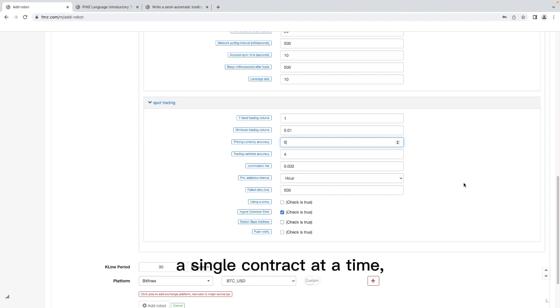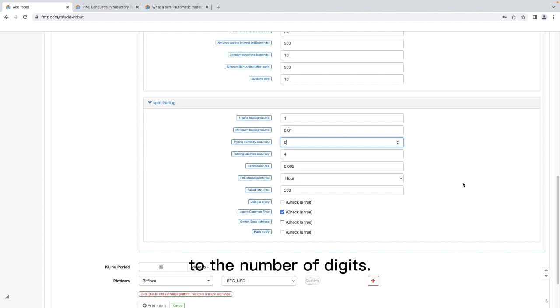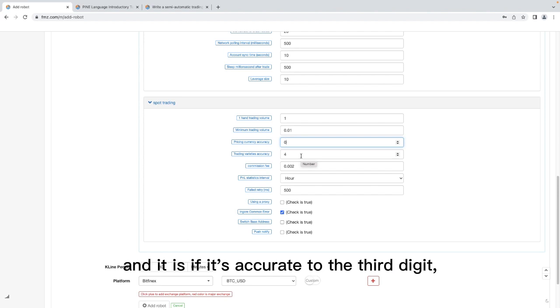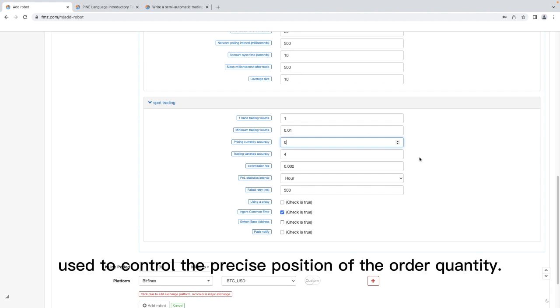If we order a single contract at a time, or 0.1 contract or 0.01 contract, the order quantity is accurate to a certain number of digits. If it is accurate to 4, we write 4 here, and if it's accurate to the third digit, we write 3. That is used to control the precision position of the order quantity.